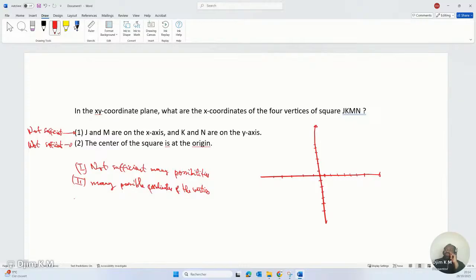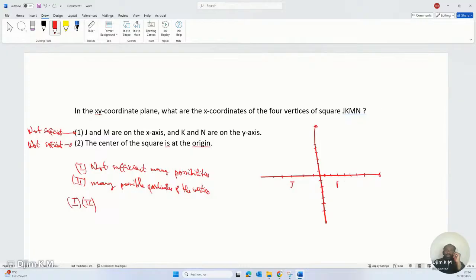If we take both, even though it says that J and M are on the x-axis, since here is the center, what we know is that either J or M, one is on the negative side and the other is on the positive side.